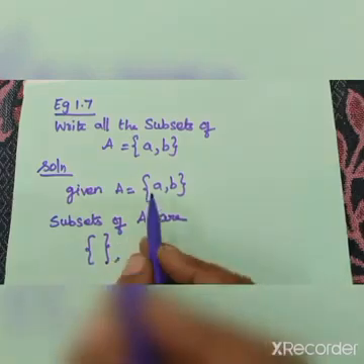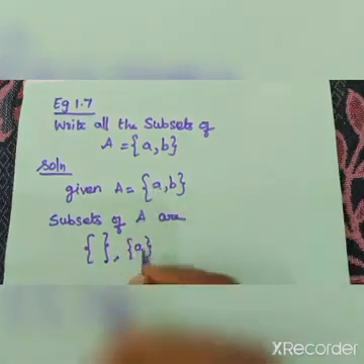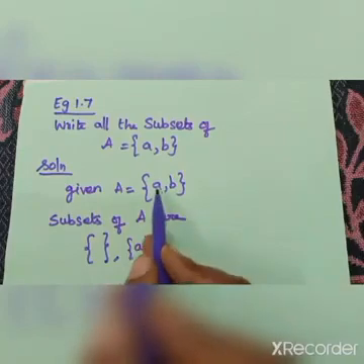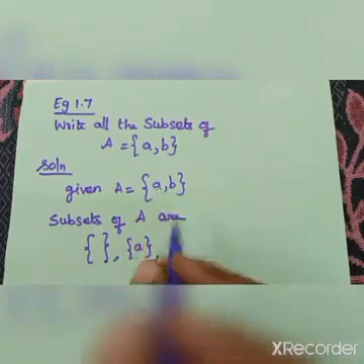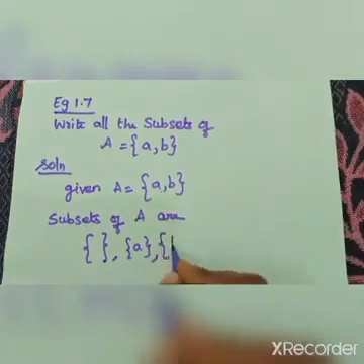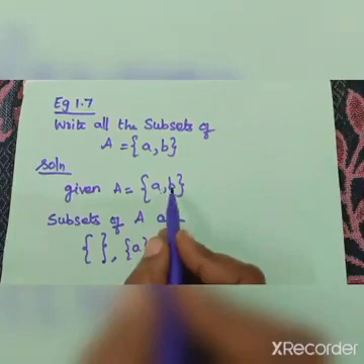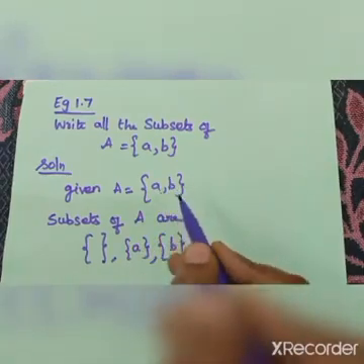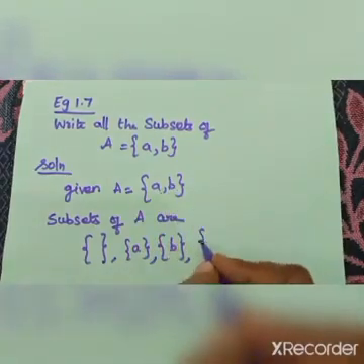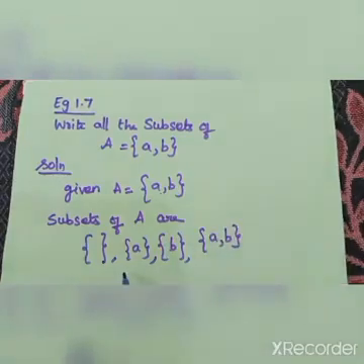A set with no element. Then the first element a, which is a subset of the given set A. Next, the element b is also a subset. Then we also know that every set is a subset of itself, so {a, b} is a subset of itself. So that can also be written. Understood, students?